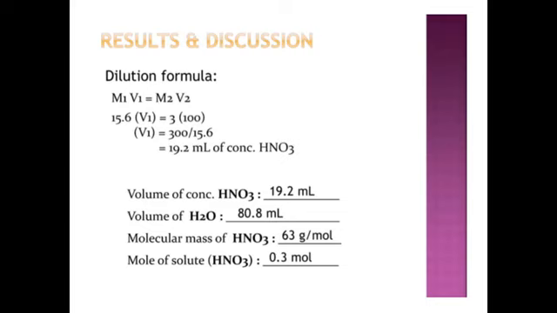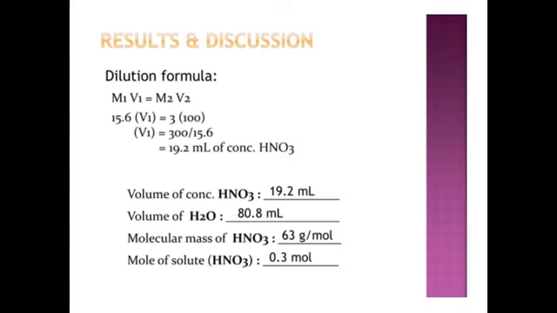So the M1 is 15.6, but the V1 is not known. The M2 is 3 and the V2 is 100. By the time you calculate it, you are going to have 90.2 mL of conc HNO3. 90.2 mL is equivalent to centimeter cube, so you can also say 90.2 centimeter cube of HNO3.